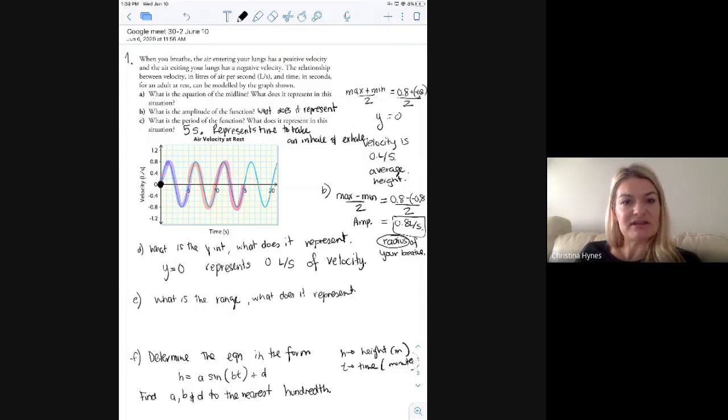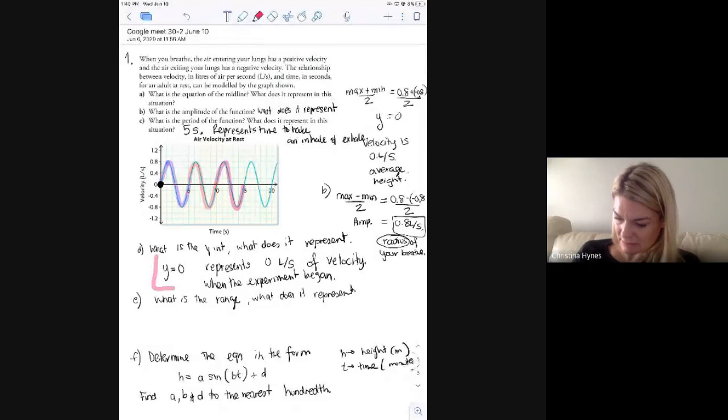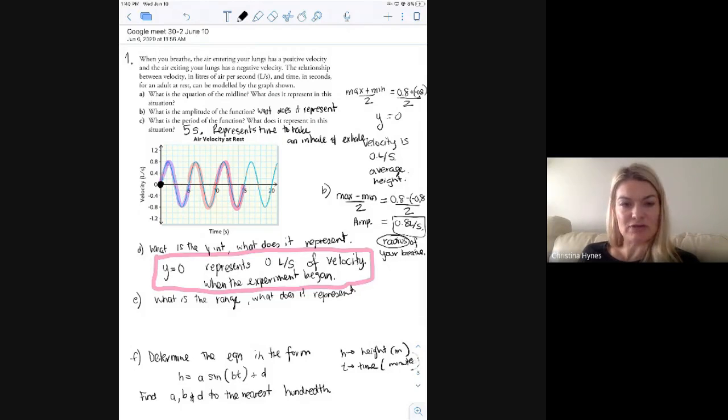So right when they started the experiment, that's what the y-intercept is saying. How much air or how much speed was this air going into their lungs right when the experiment started. Okay, so that's what they're looking for here. So you're just looking at what value you see on the y-axis. You're stating the value and saying what you think it represents in your situation.